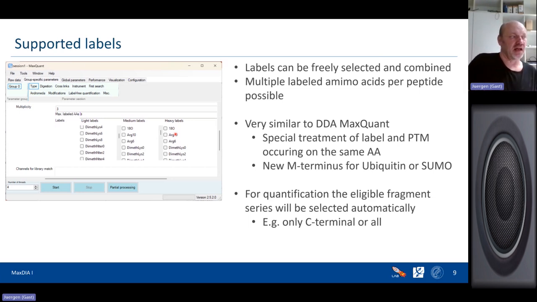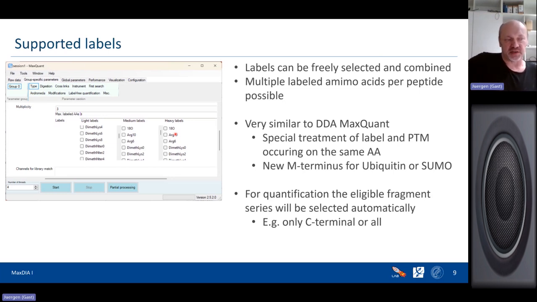They can be either isotopic, but they can also be chemical, so they can be of any kind. So, for example, if you would be working yourself on some new kind of labels, there would be no problem in including them here. You would just have to define the composition of these labels and select them here accordingly.